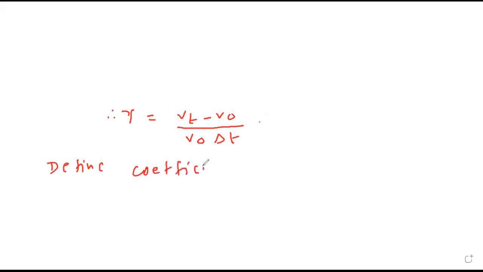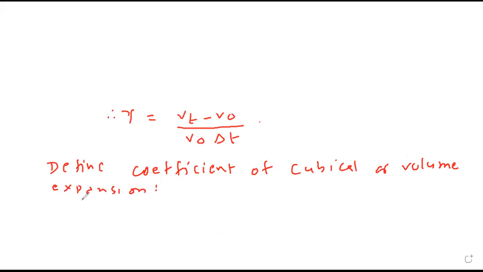Therefore, we can say gamma equals Vt minus V0 upon V0 delta T. So if they say define coefficient of cubical or volume expansion, all the three definitions are similar.